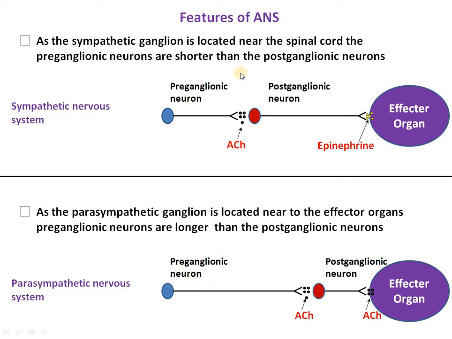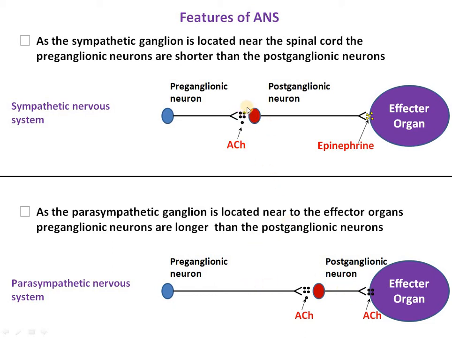Another important difference between the sympathetic and parasympathetic nervous system, apart from neurotransmitter release, is that the preganglionic neuron of the sympathetic nervous system is shorter than the postganglionic neuron, and in the parasympathetic nervous system, the preganglionic neuron is longer than the postganglionic neuron. So this is the difference.